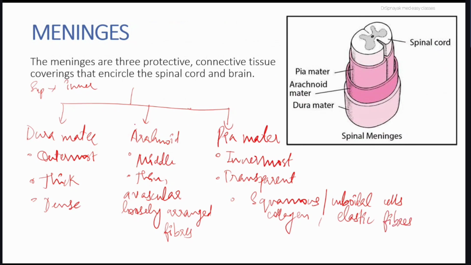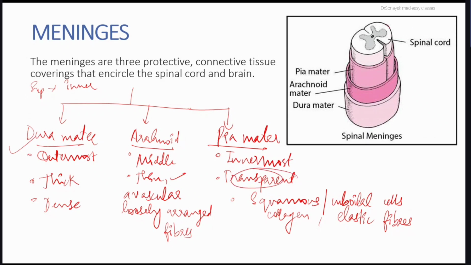So these are the three meninges or the three protective coverings that are seen in the spinal cord. The outermost being the dura mater, the middle being the arachnoid mater, and the innermost is the pia mater. The dura mater is the thickest, the arachnoid is thin, and the pia mater is almost transparent.